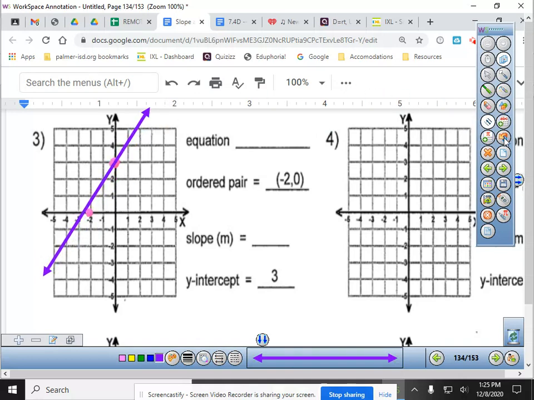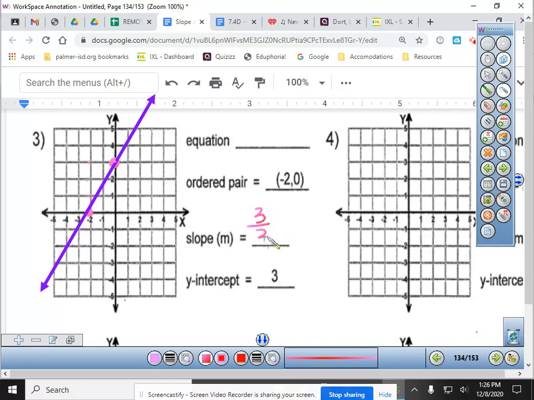Mine does not do very well because, well, it's hard. Better. What is the slope? 1, 2, 3 over 1, 2. And the equation. Y equals.